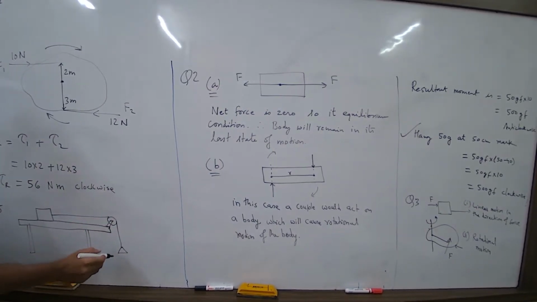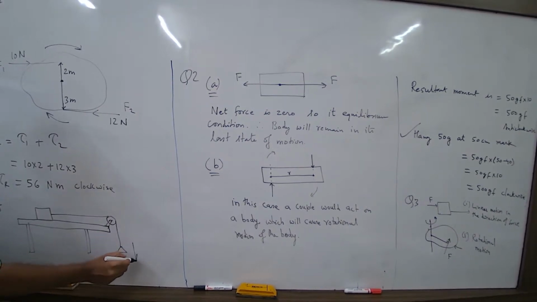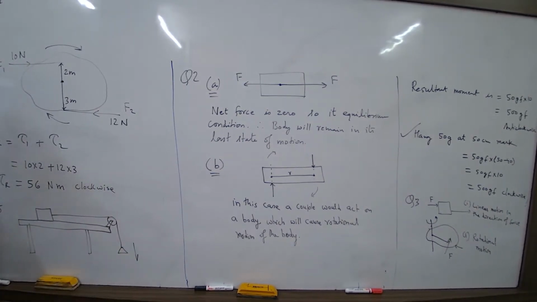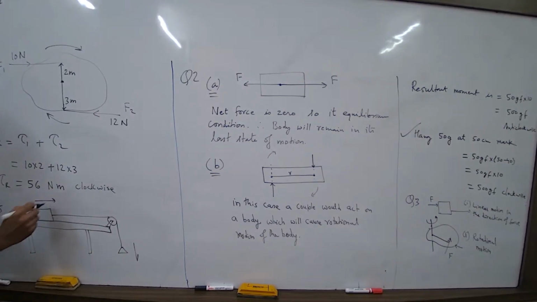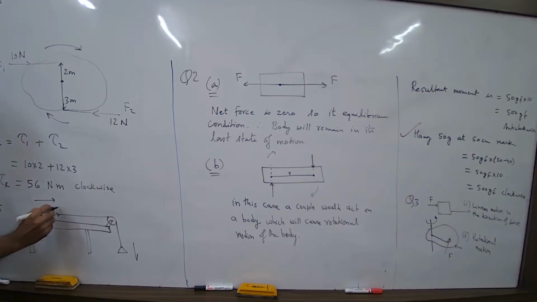See, this hanging weight will be pulled by gravity in this direction, right? So that means the block will move in this direction. The block is experiencing tension in this direction.